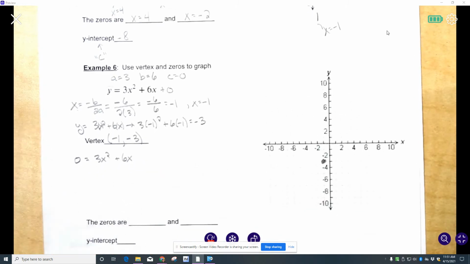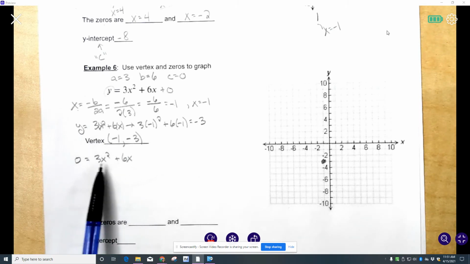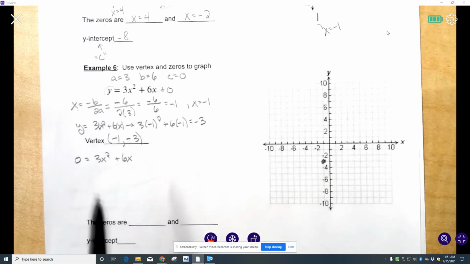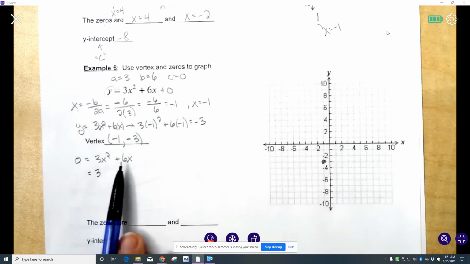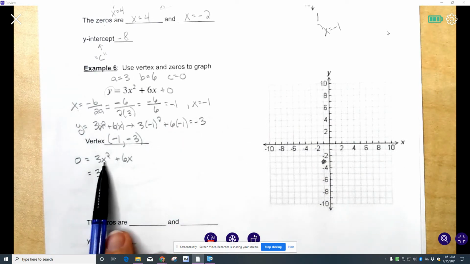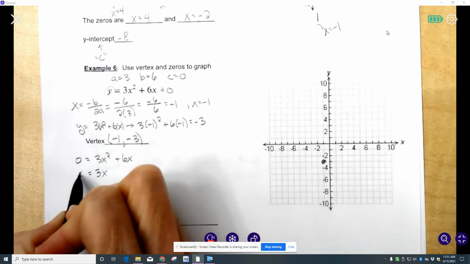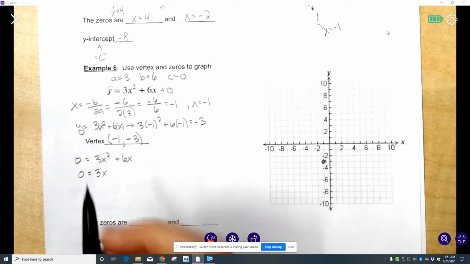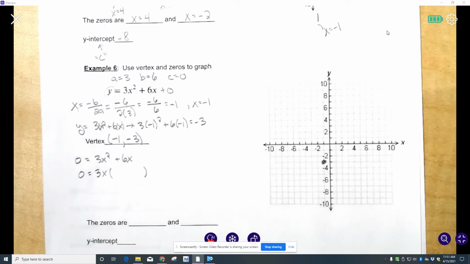and then factor this. Now I can do the X-box on this, but I'm noticing right away that I have a common factor here. I have a 3 that's a common factor because 3 goes into 3 evenly and 3 goes into 6. And also both of these terms have an x. So I'm thinking I can just factor out my greatest common factor here, and then I will be done factoring.